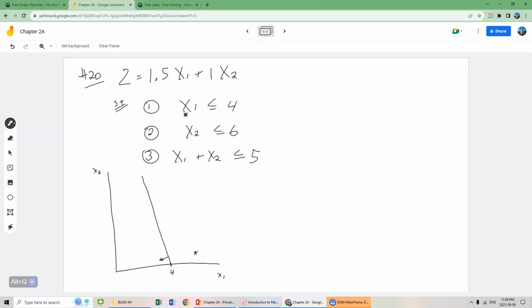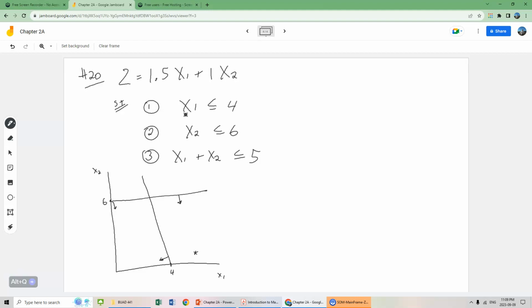X2 has to be less than 6. Let's put 6 right there and draw this horizontally across. X2 is less than 6, which means anything below this section is good.